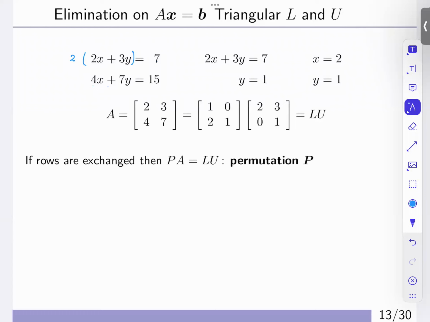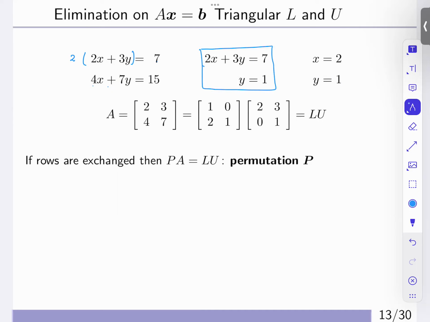What you land up with is this set of equations. You agree with me? Now here, as you can see, this matrix is in triangular form.